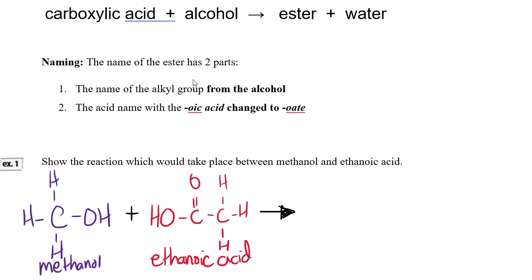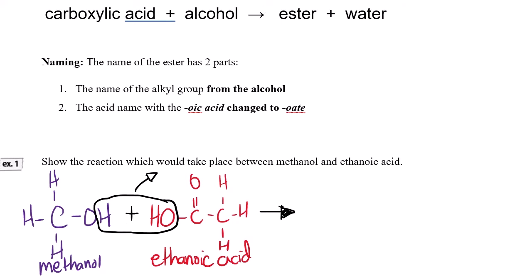On paper then, we have our methanol, this is our alcohol. We have the ethanoic acid, which is our carboxylic acid. When they react together, the hydroxyl that's part of the acid and the hydrogen that's part of the methanol, those guys are going to leave and they're going to form water.